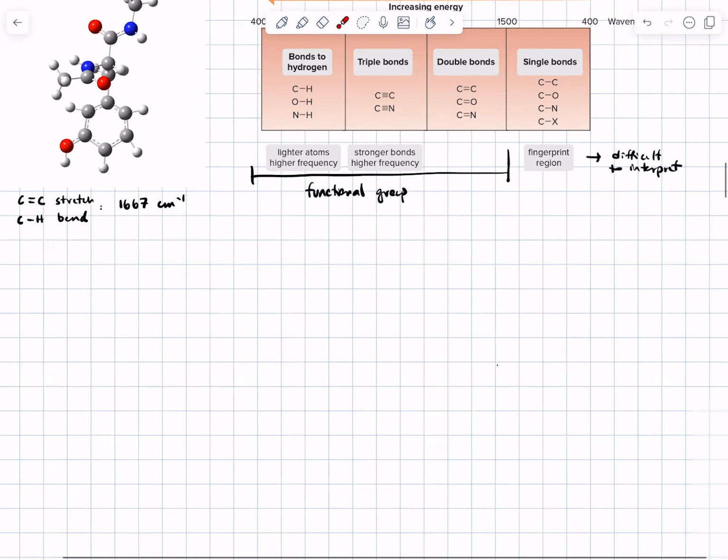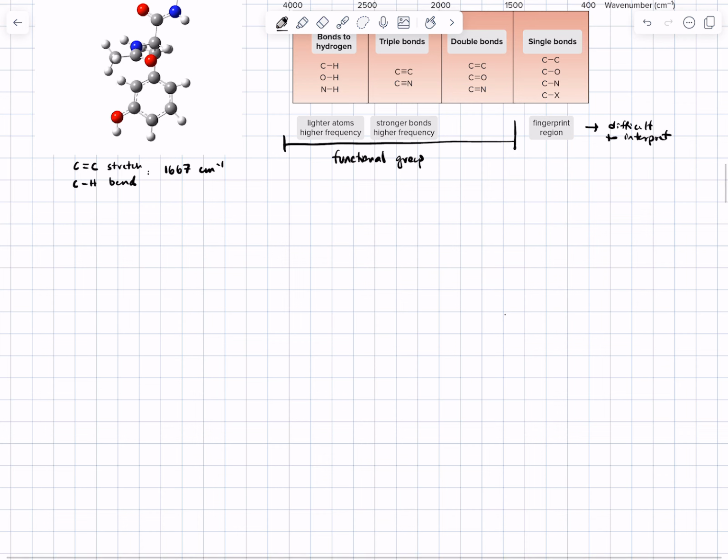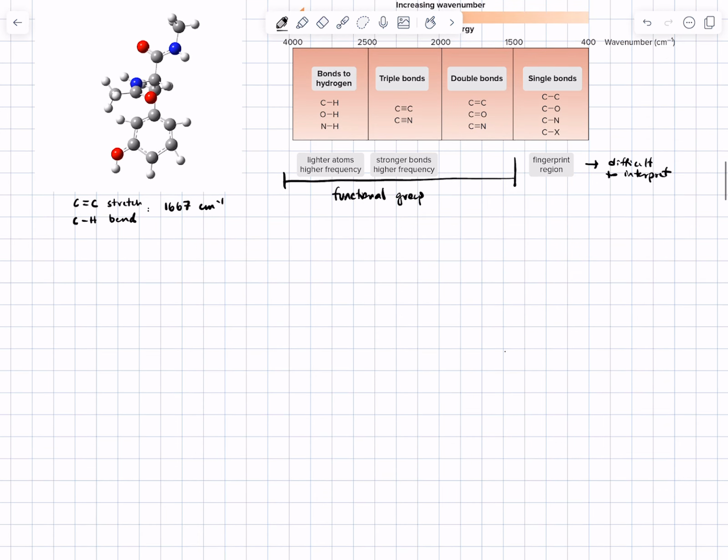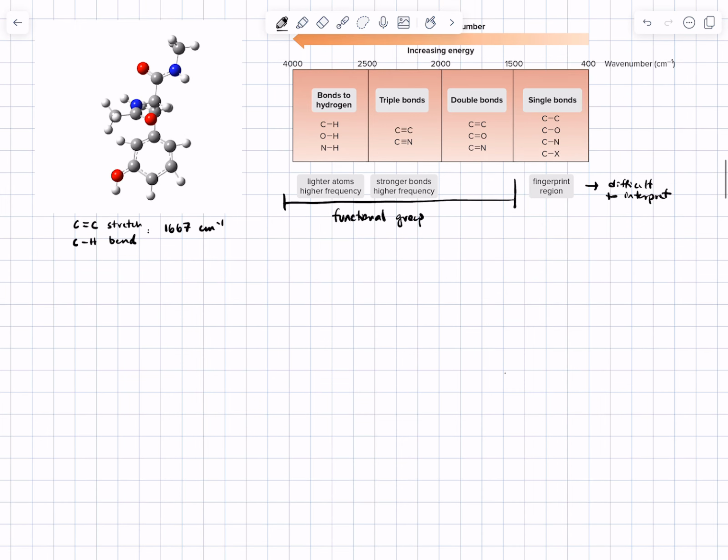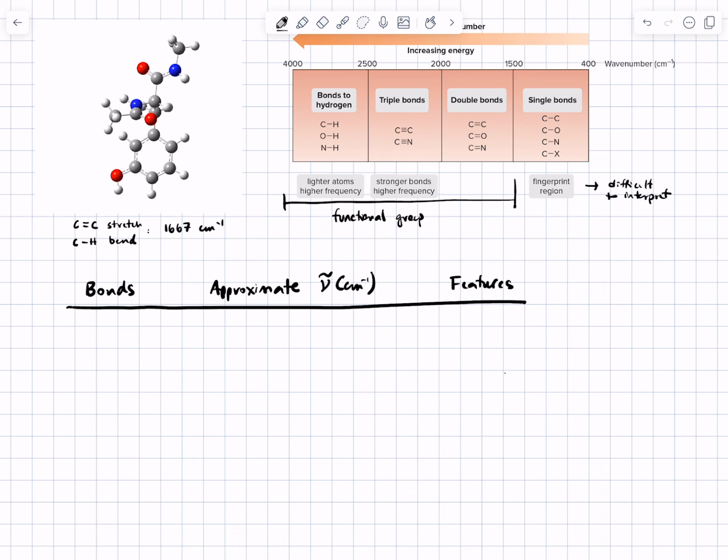So I'll show you a table that your text gives you. It sort of summarizes the information that's here in this schematic of a spectrum. We'll talk about kinds of bonds, what their characteristic wave numbers are, and then we'll talk about general features of a peak in an IR spectrum.